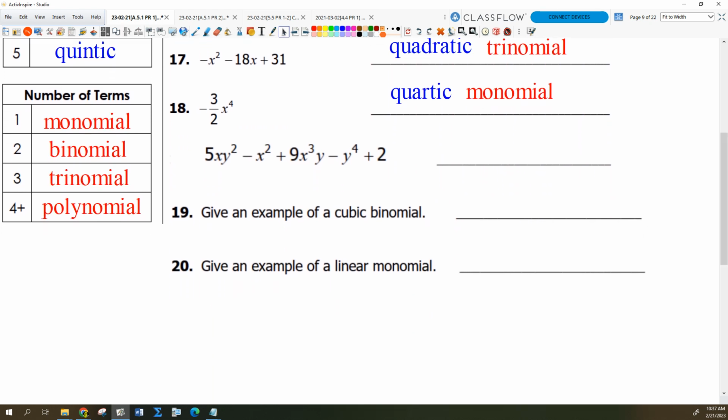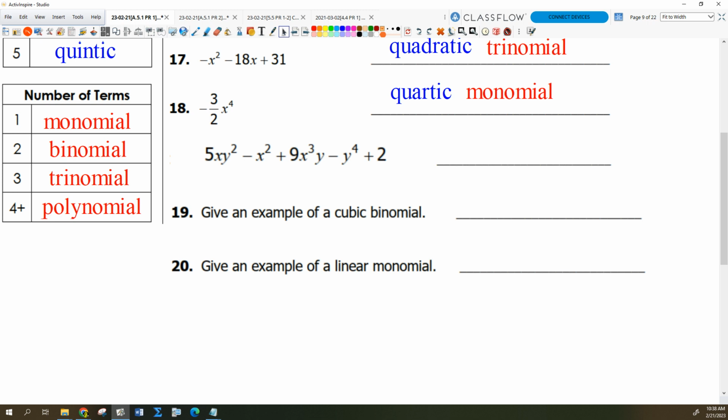Okay. Now this is kind of a weird one, right? This is sort of a challenge problem. Okay, what do you think? What's the degree? Treasure, what do you think the degree of that one's going to be? This one that doesn't have a number by it. 3, but they may be out of order, right? So is there a term where the exponents add up to more than 3? Anybody see one?